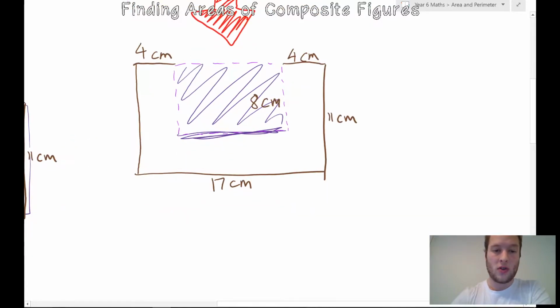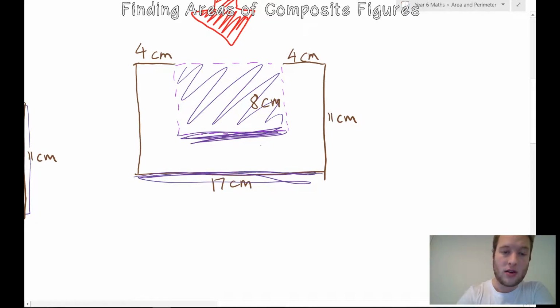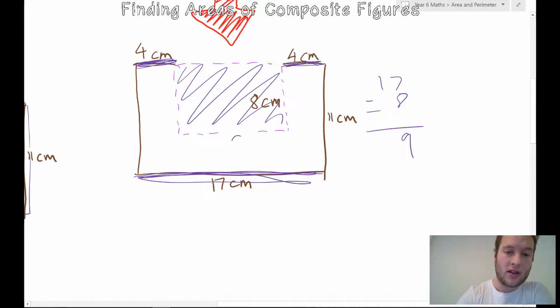I know that this line is just going to be this line, removing this line and this line will be how I'd work it out, right? So I go 17, take away 4, take away 4, or I could just put those 4s together to make it 8. So 17 take away 8 is 9, right? So I know that this line here is 9. And I've already been told that this line here is 8.